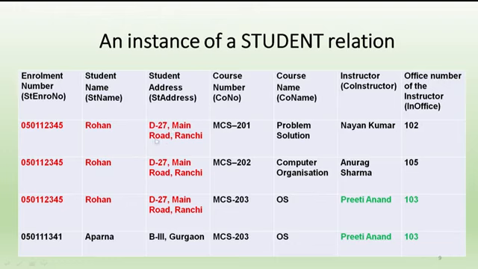We are assuming the address as an atomic value, right? So everything looks all right: single valued, and the values are of the same kind. For example, this column contains course names, this contains the course code. So this particular relation is in first normal form. We don't have to do anything else, the relation is in first normal form, right?